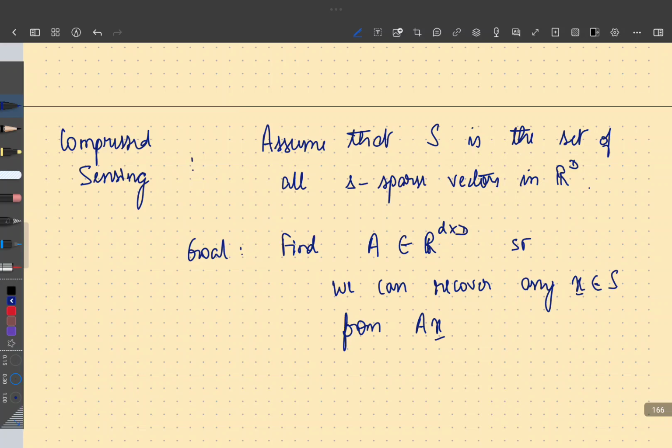But the advantage here is that you know that the original vector x is s-sparse. Does this make it any easier? And in particular, how small can d be? Suppose that s is something very, very small, but capital D is very, very large. Then how small can little d be?